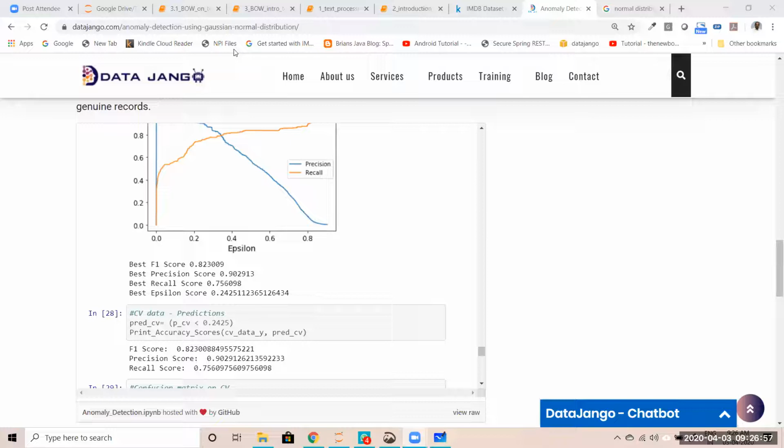I know the formulas, but I am saying recall needs to be higher on this particular data set. Why? Because we have, yeah, go ahead. True positives and false negatives ratio should be high.